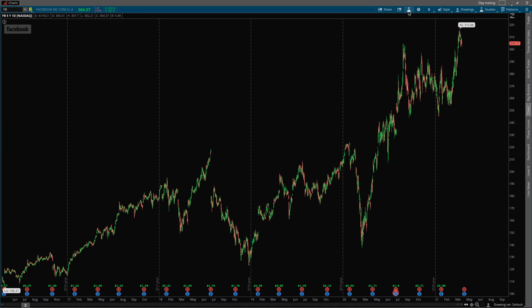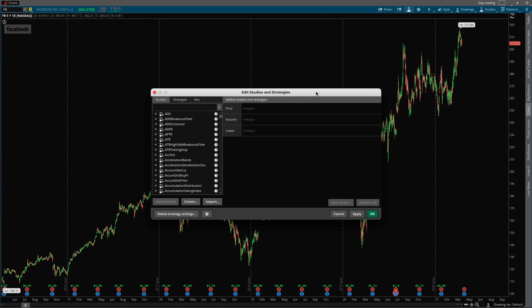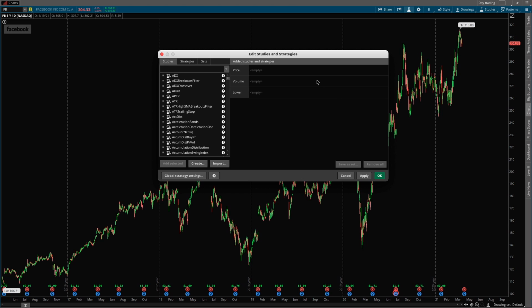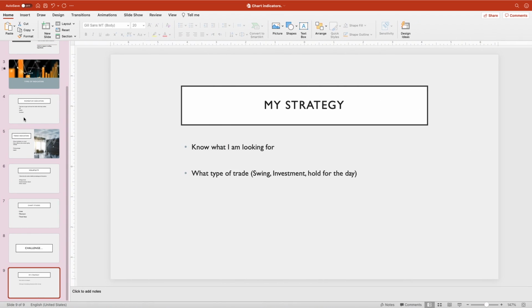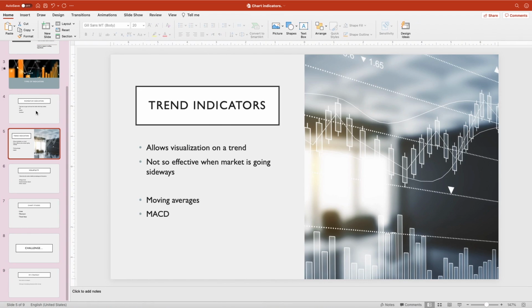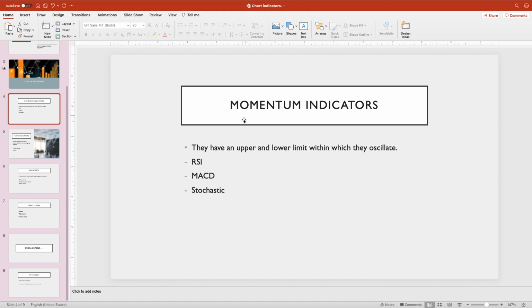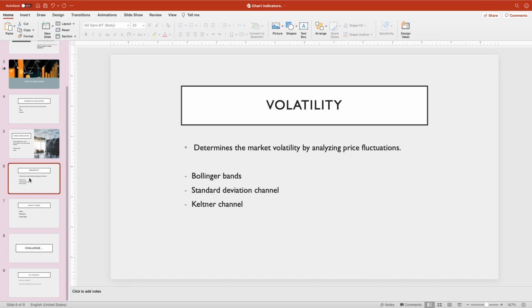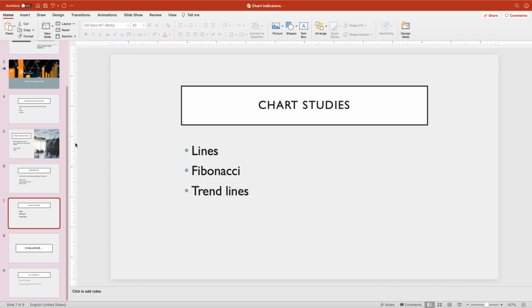But basically what I like to do personally is take at least one indicator from each category. For example, I would take one indicator for the trend, one indicator for the momentum, and another one for the volatility, and also I would have my chart study.